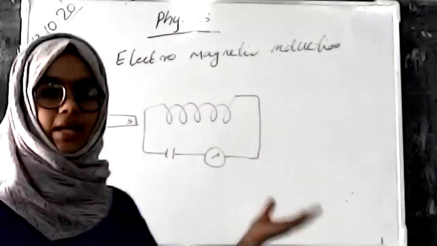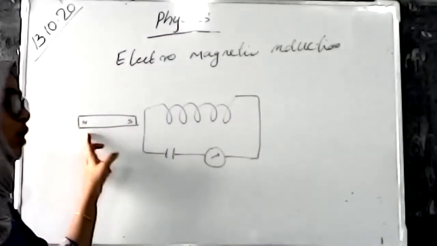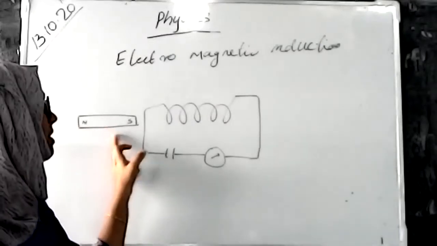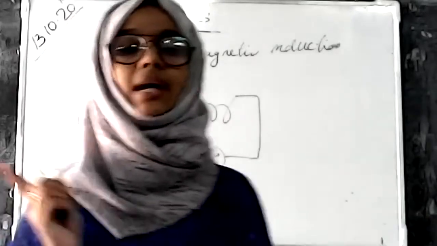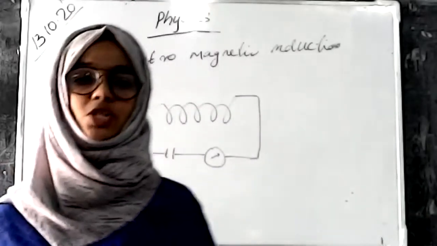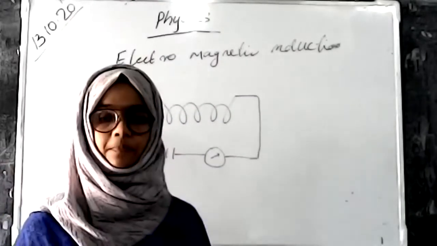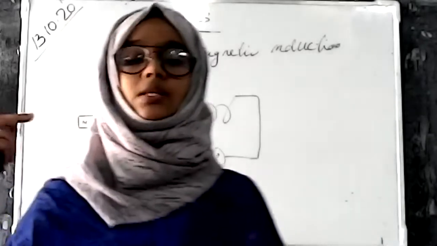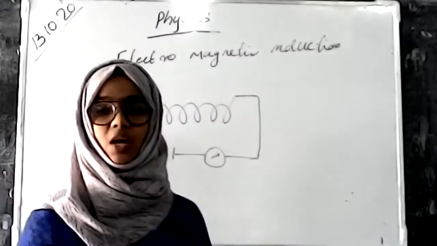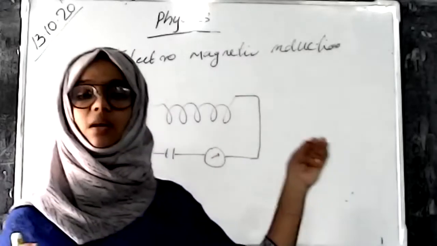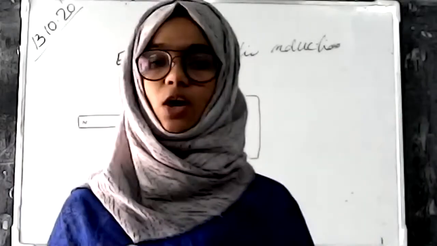The cases are the same. Only when the magnet is moving into or out of the solenoid does the galvanometer show a deflection. So the galvanometer shows a deflection when a magnet is moving relative to the solenoid.